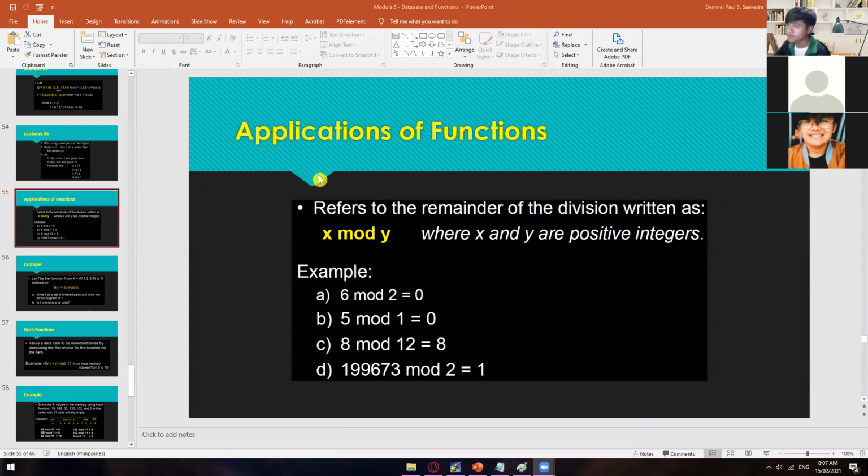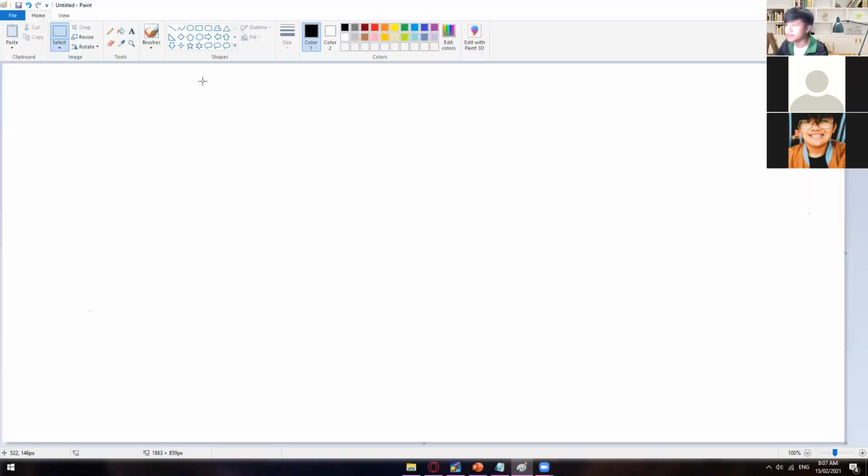Okay, so for the next topic, we have the applications of functions, wherein we have mod, or in other words, modulo. This refers to the remainder of the division, written as x mod y. It is actually similar to division, it's just that it has a flip operator.